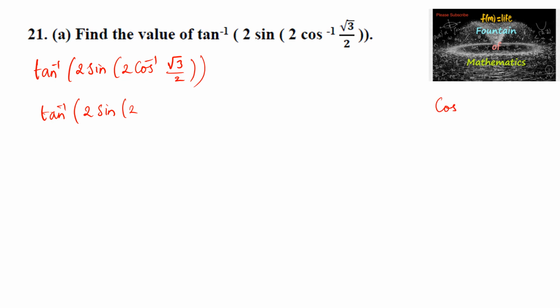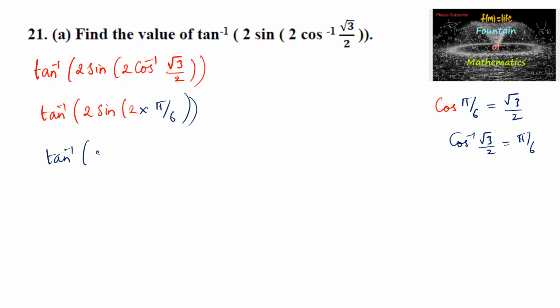Since we know that cos pi by 6 is equal to root 3 by 2, we can write cos inverse root 3 by 2 is equal to pi by 6. So we can write 2 into pi by 6, which is equal to tan inverse of 2 sine of pi by 3. And we know sine pi by 3 value is root 3 by 2.